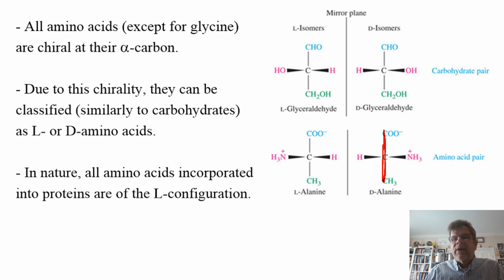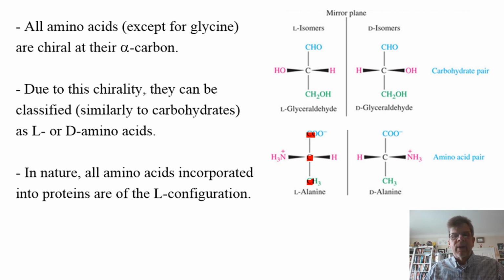Normally we don't express them like that, but when we do, see here we have the carboxylate carbon, the alpha carbon, and the first carbon of that side chain. In this case, what happens is we force the amino group now either to the left or to the right.